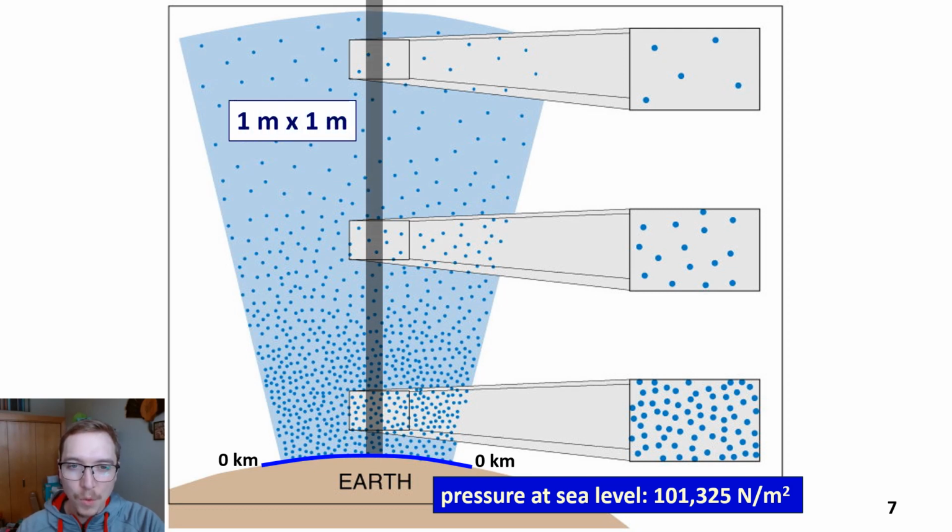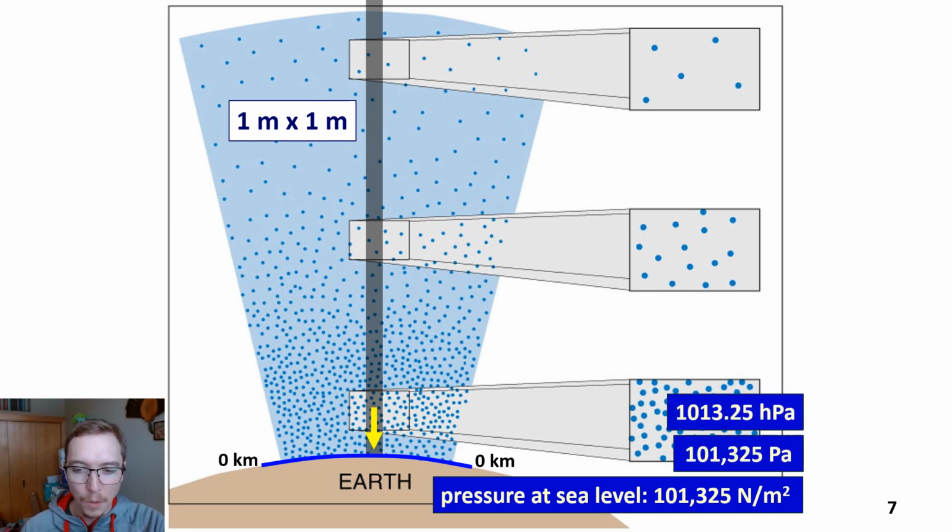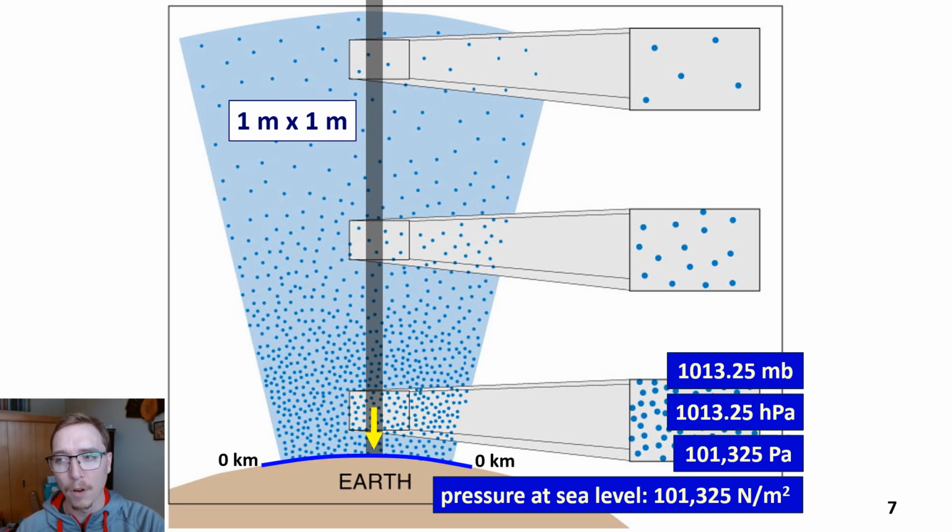And it really is just the assumed weight of the atmosphere in a 1 by 1 meter square on the surface of our planet. We can convert that to 101,325 pascals, 1,013.25 hectopascals, or 1,013.25 millibars. They all mean the same thing. They're just different versions of the same number.